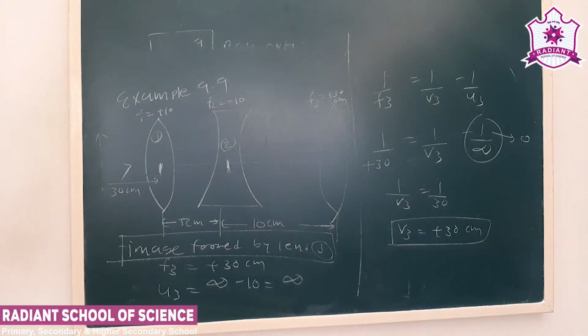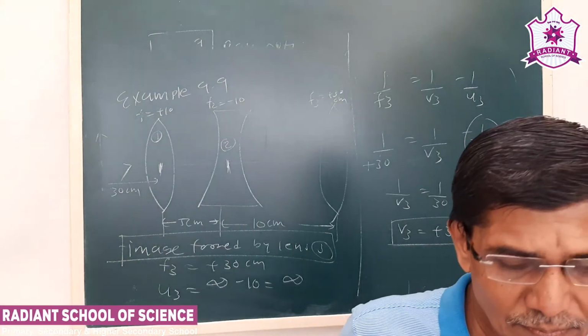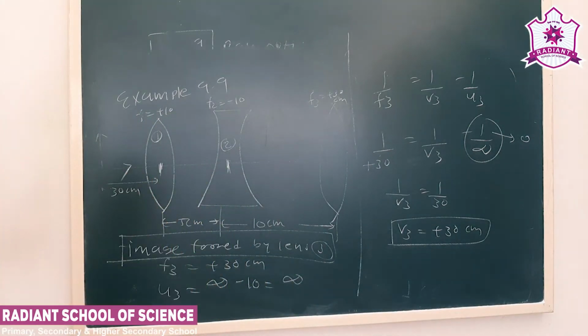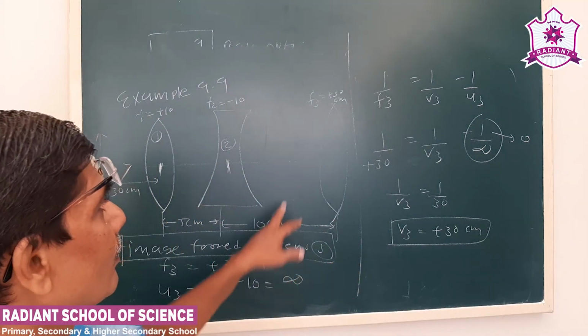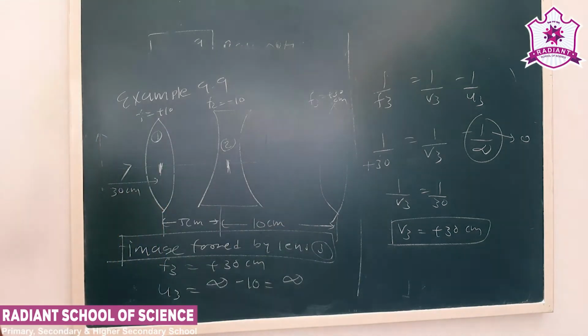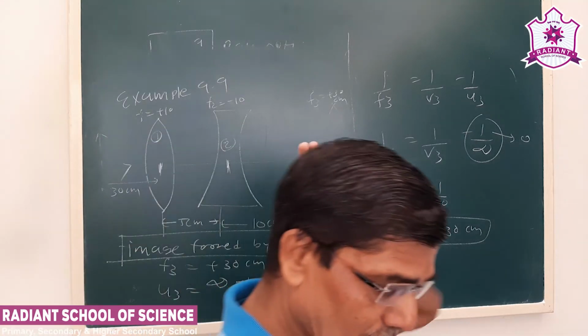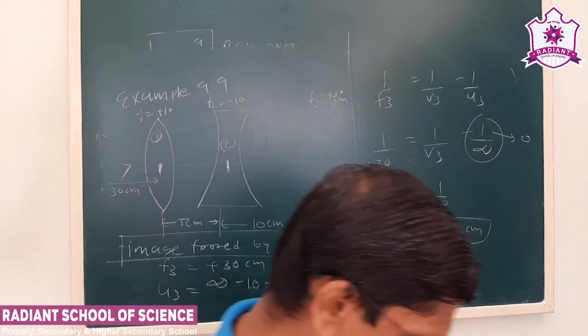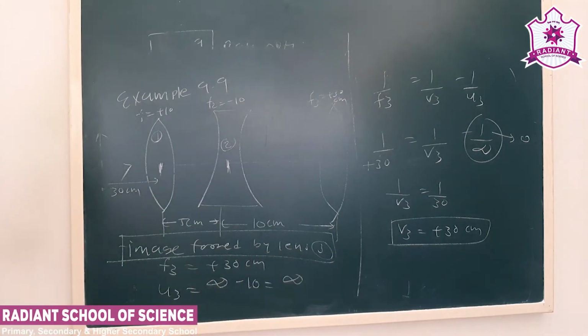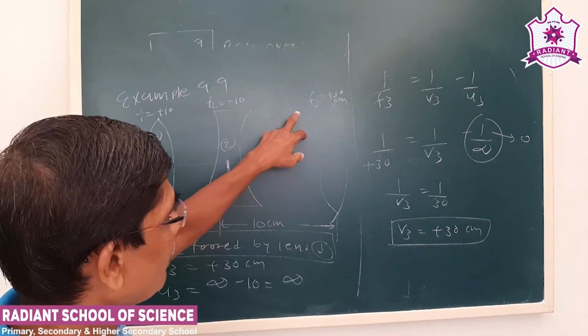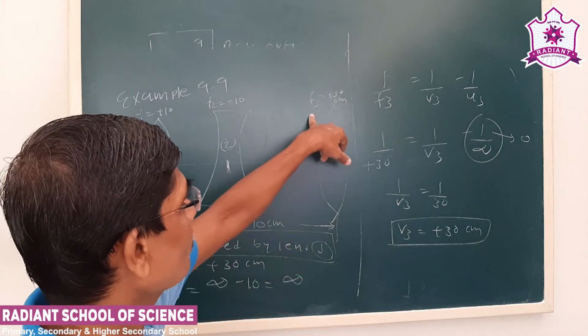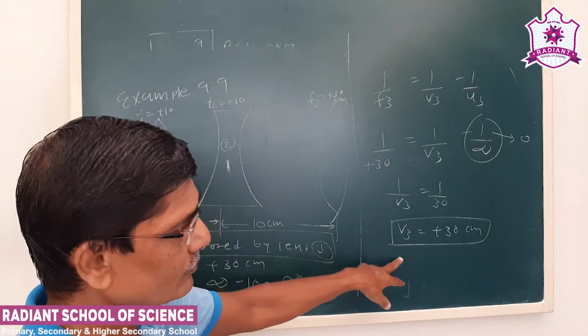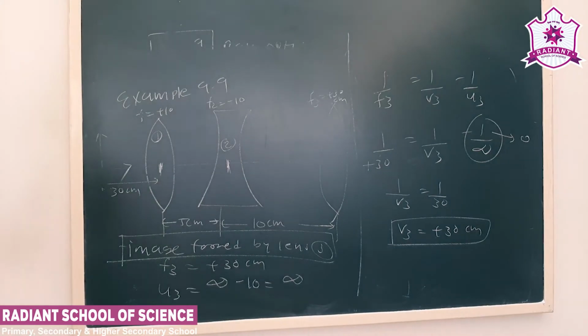This is consistent with the fact that when the object is at infinite distance from a convex lens, the image is formed at f. So this is about the third lens. When the object is at infinite distance for a convex lens of focal length 30 centimeter, the final image distance v3 we obtain is 30 centimeter.